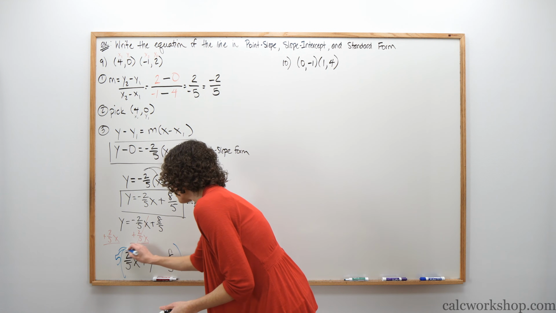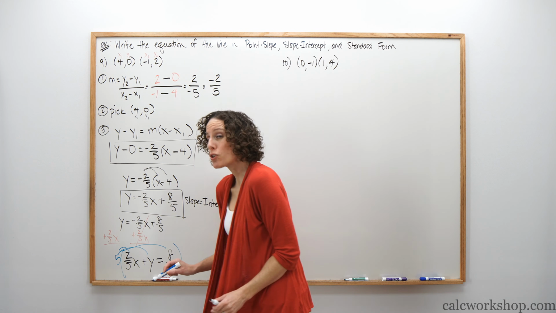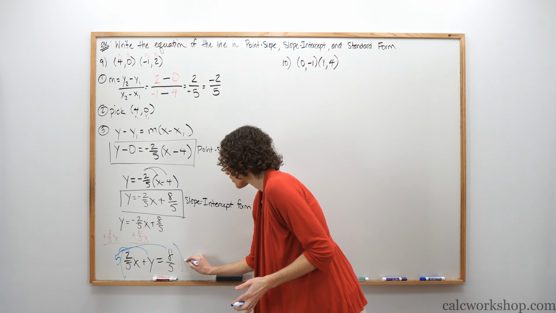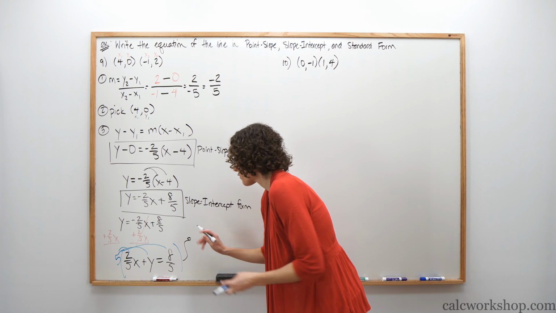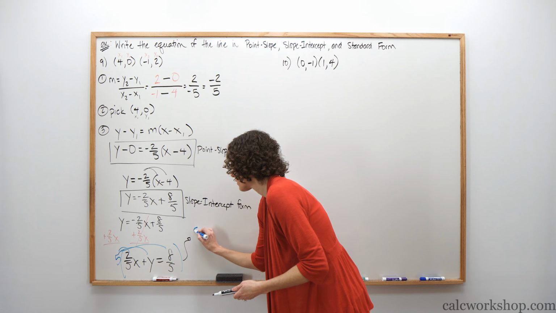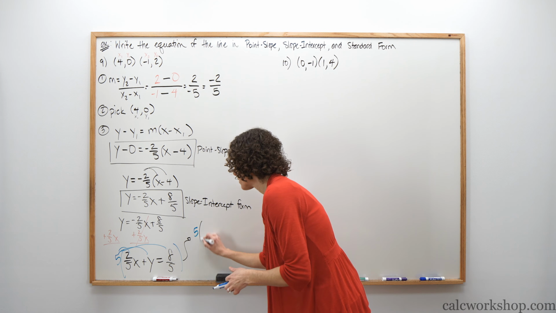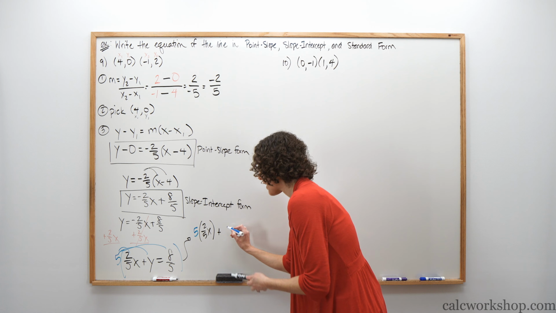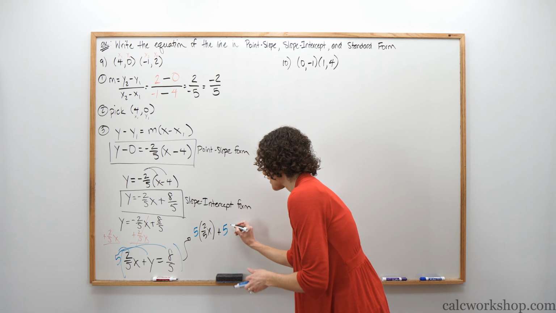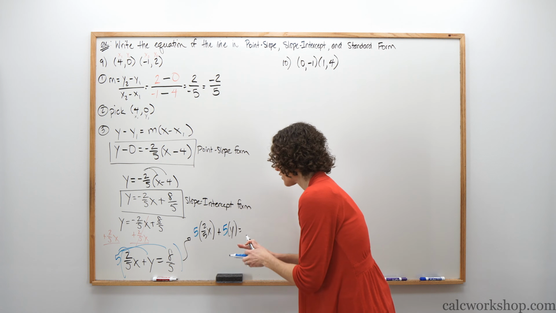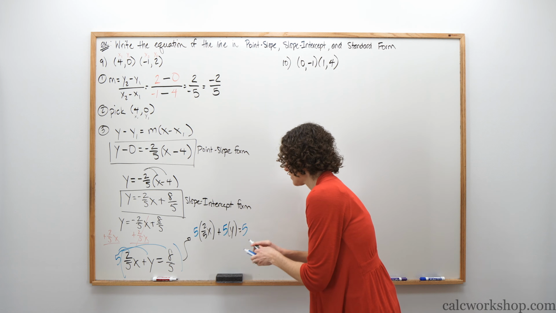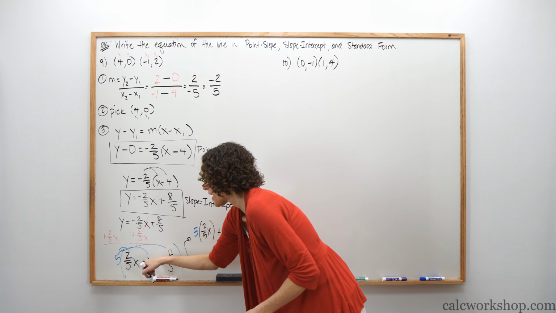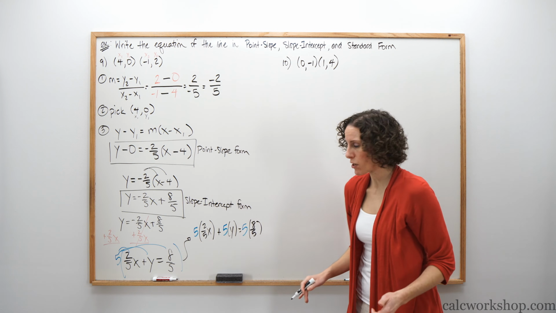By doing so, we should, if we did this correctly, get rid of our denominators, which means we have 5 times 2/5 x plus 5 times y equals 5 times 8/5. Again, we're distributing the 5 to every single piece in that equation.